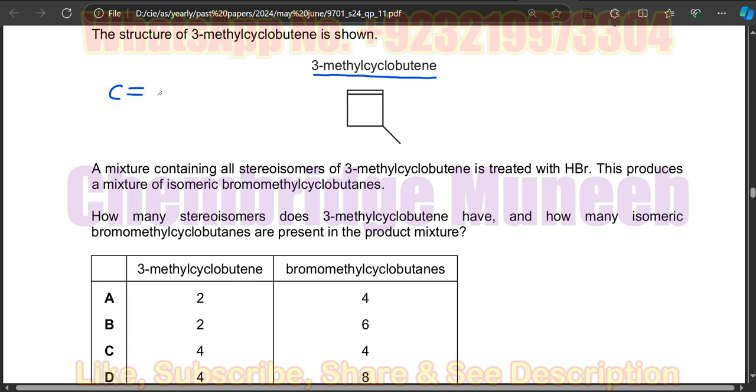This is called its displayed formula. We have carbons bonded by a double bond, and single bonds are present here, and this is the methyl group, CH3. The carbons at these positions are bonded with 1 hydrogen atom each, there are 2 hydrogen atoms at this carbon atom, and 1 hydrogen atom is bonded over here. This is the displayed structure of this compound.